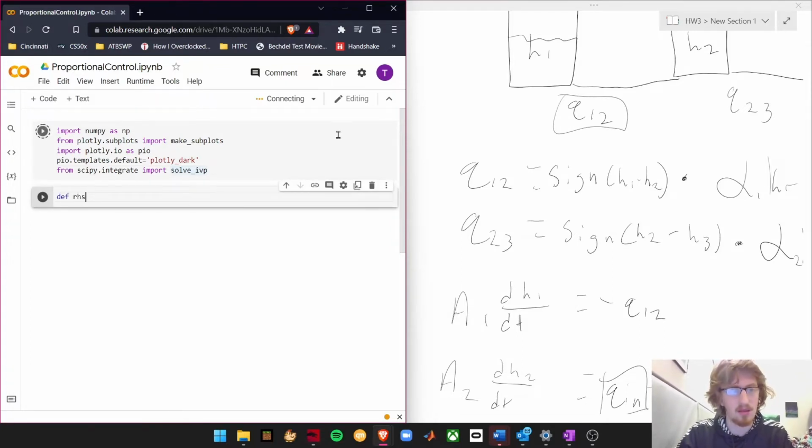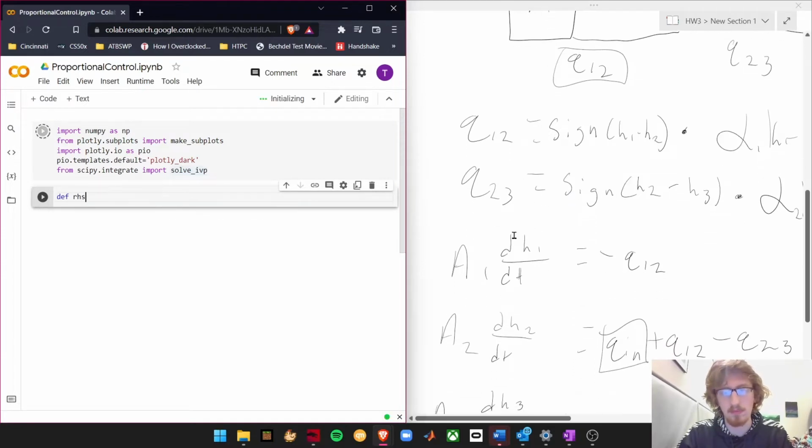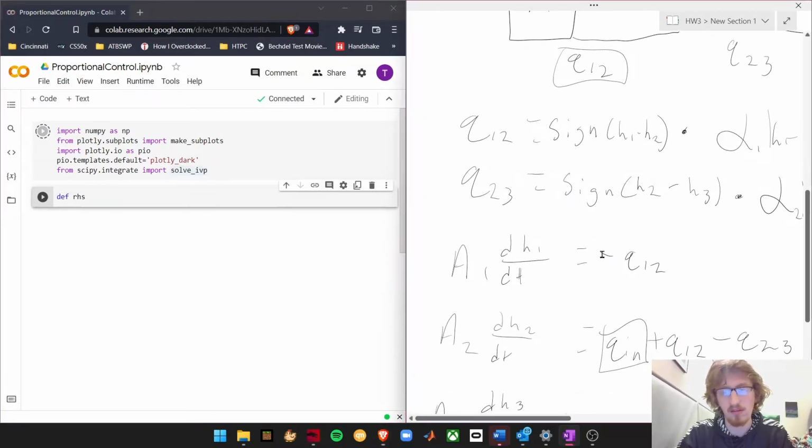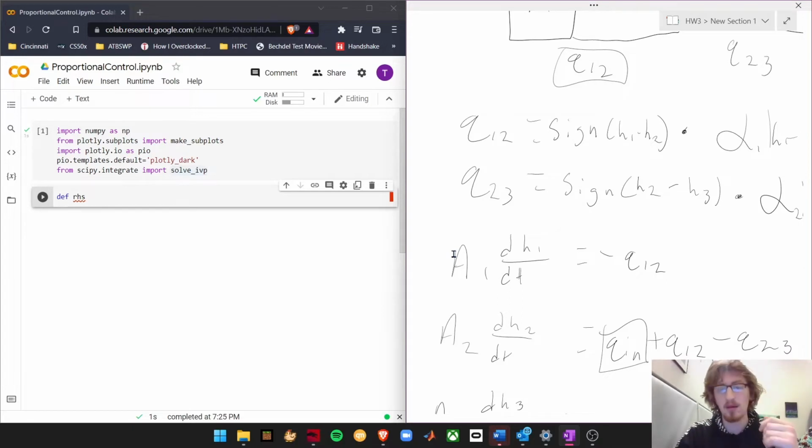Our right-hand side of the equation is going to be all this, and we want to be solving for the change in height over time. Since we're going to be integrating it, we want it to be the derivative of height over time, so we can actually get the height as we integrate it. So we're going to have to move these cross-sectional areas over to the other side.